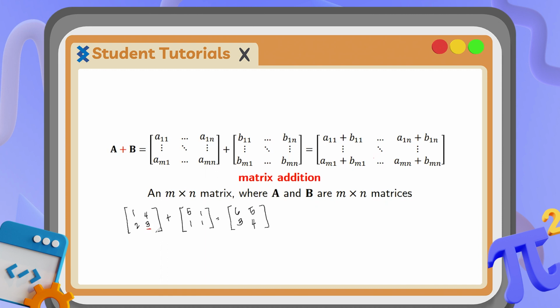So this one is A sub 2,2, and this one, let's say, is B sub 2,2. So I'm basically adding them to get this value, which is A sub 2,2 plus B sub 2,2, and then this, and so on and so forth. So you can also see here that whatever you're adding would result in the same row and column as those of the elements in the matrices that you are adding.